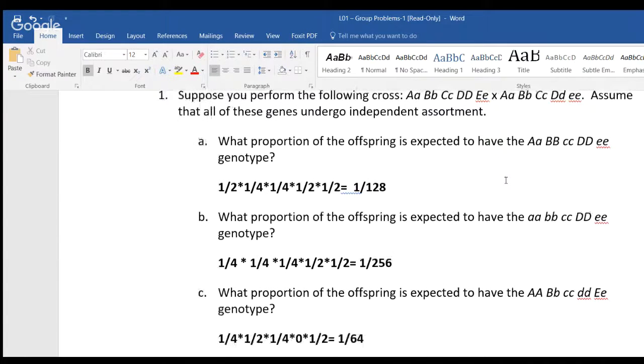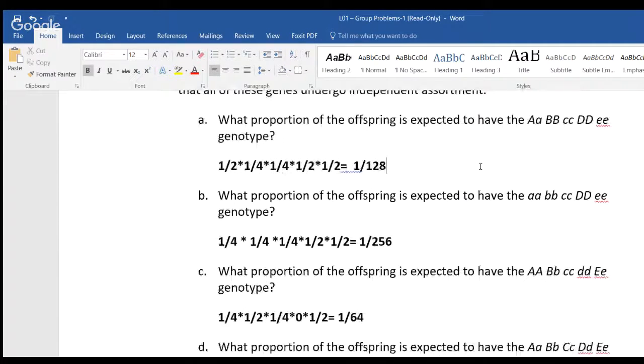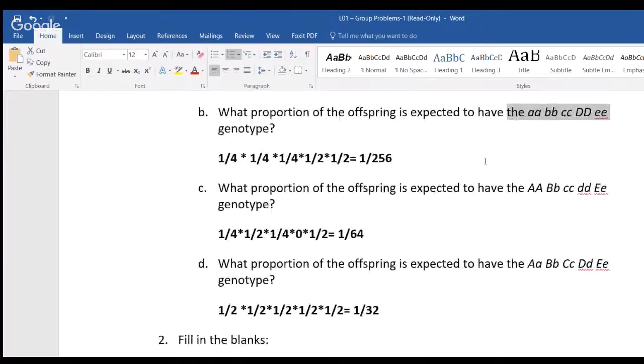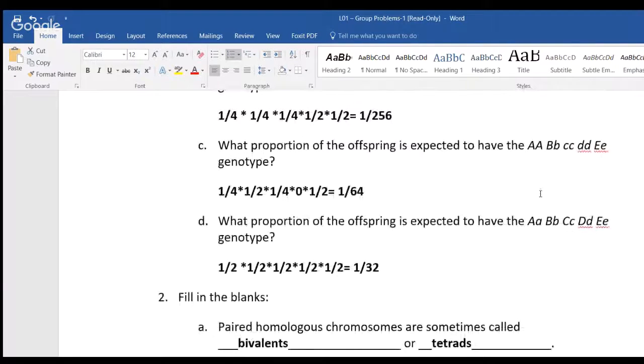The way you do part B is exactly the same, except with these different combinations here, and you end up getting 1 out of 256. For C, it's the same thing again, and you get 1 out of 64. And also for D, it's the same method, you get 1 out of 32.